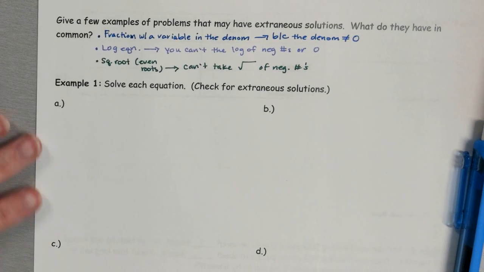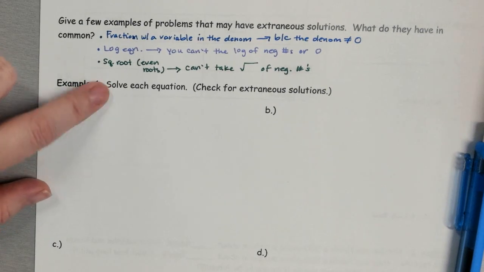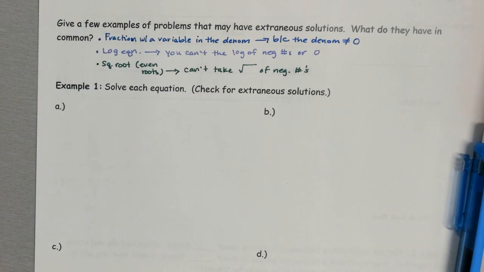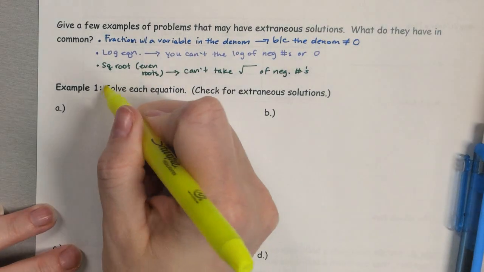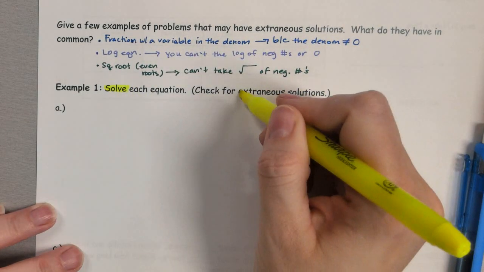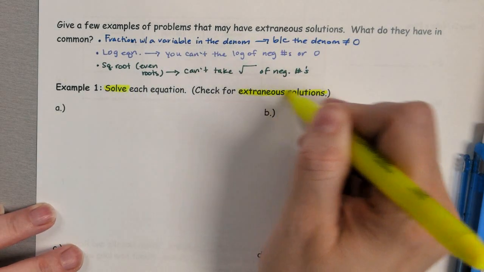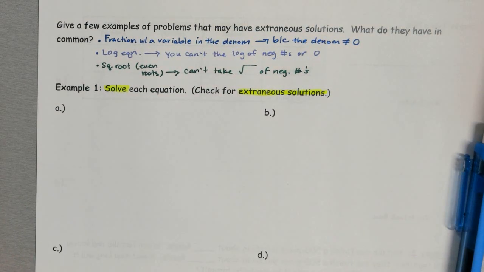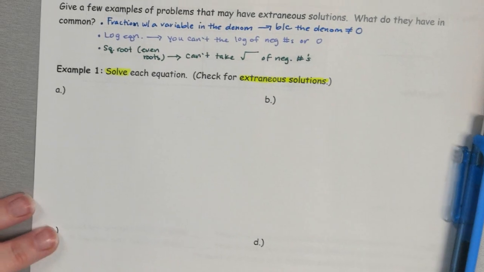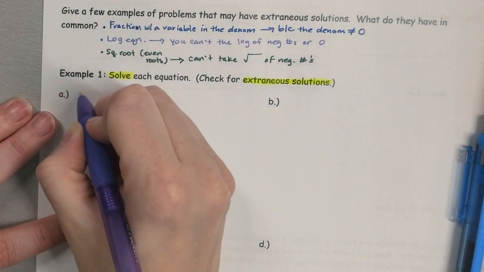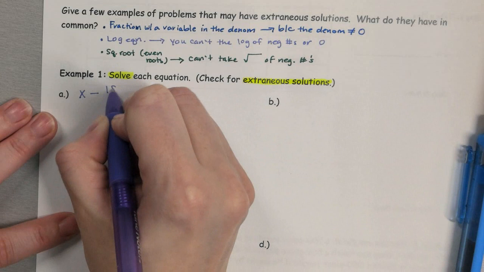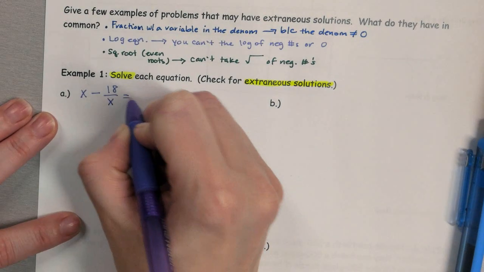So what we're going to do today is solve each equation and check for extraneous solutions, and then I'm going to remind you of how you can do a very quick check to make sure it's not extraneous. So for A, we are going to solve x minus 18 over x equals 3.